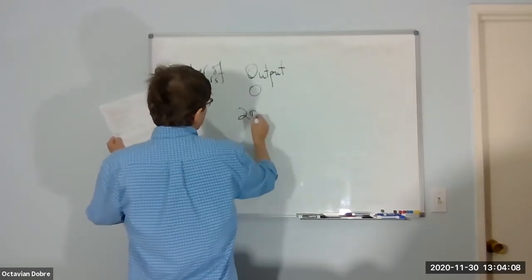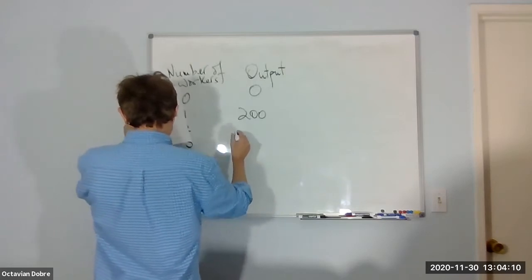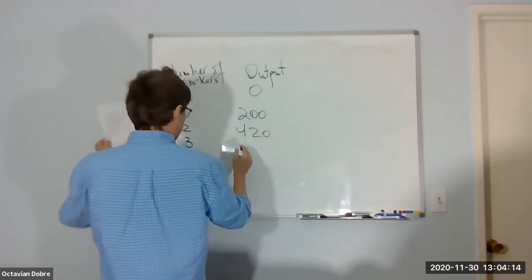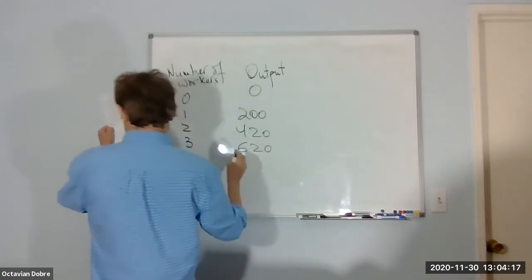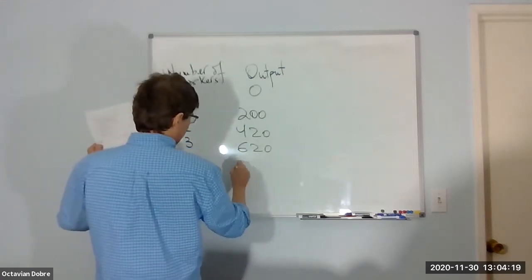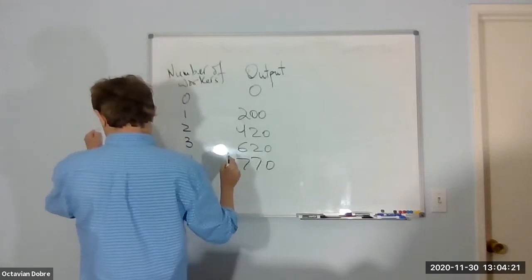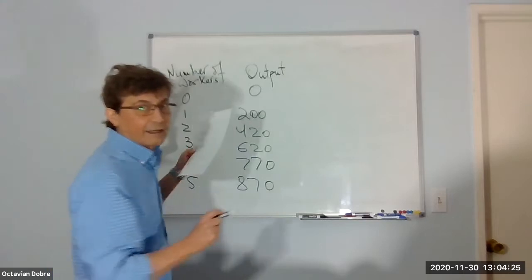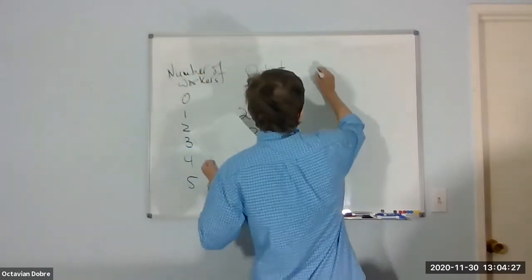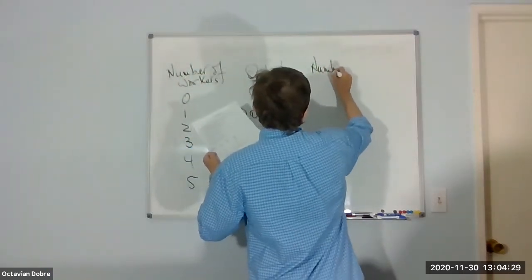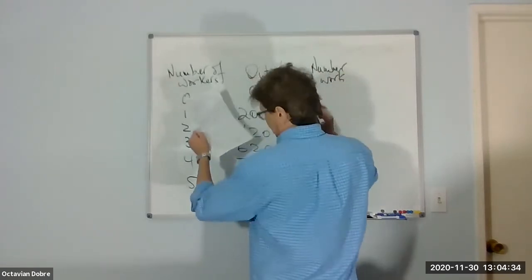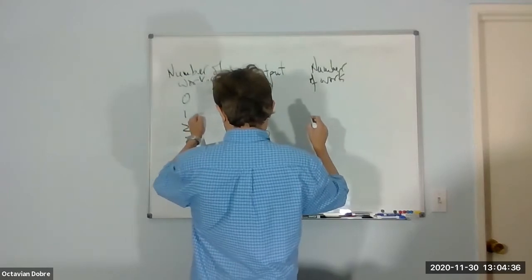Zero, 200 units, 420, 620, 770, 870. But we're not done yet. Six, 7, 8, 9, 10.